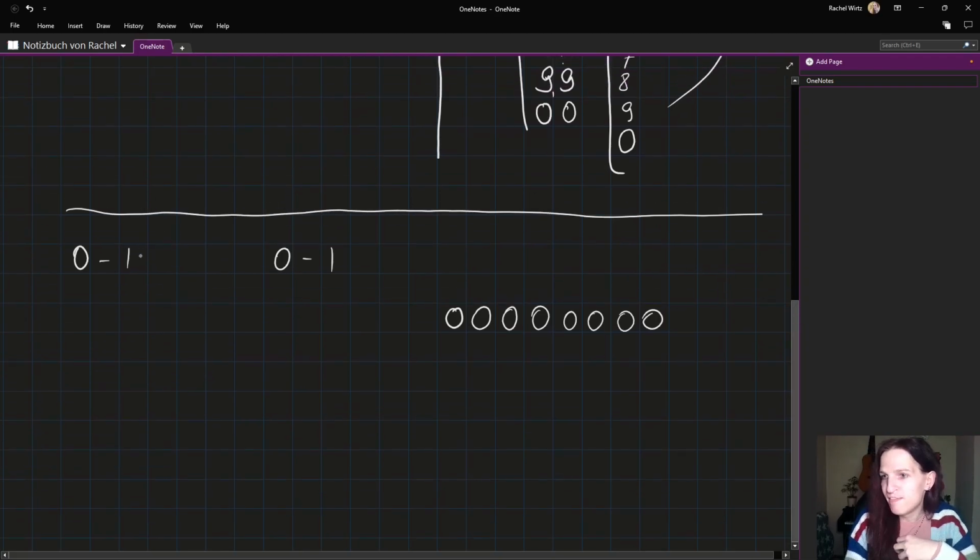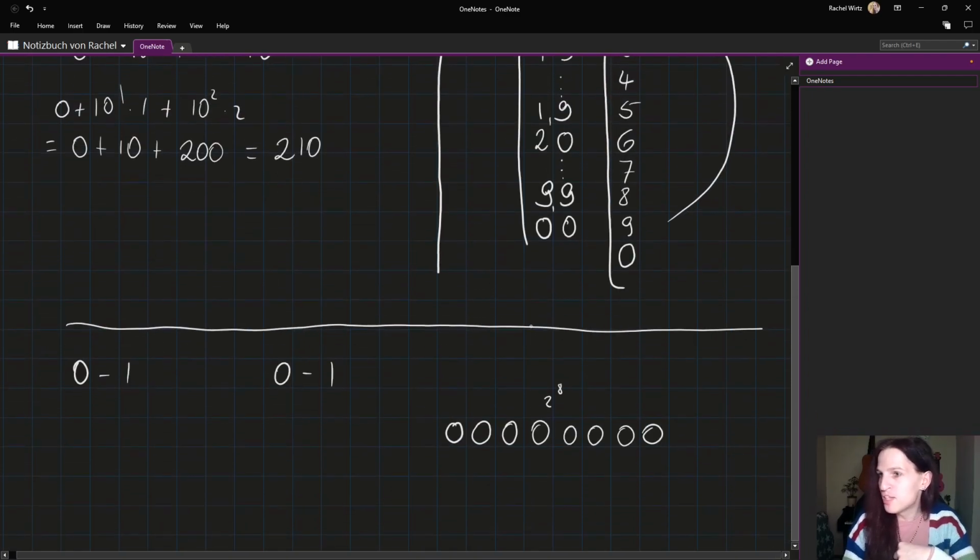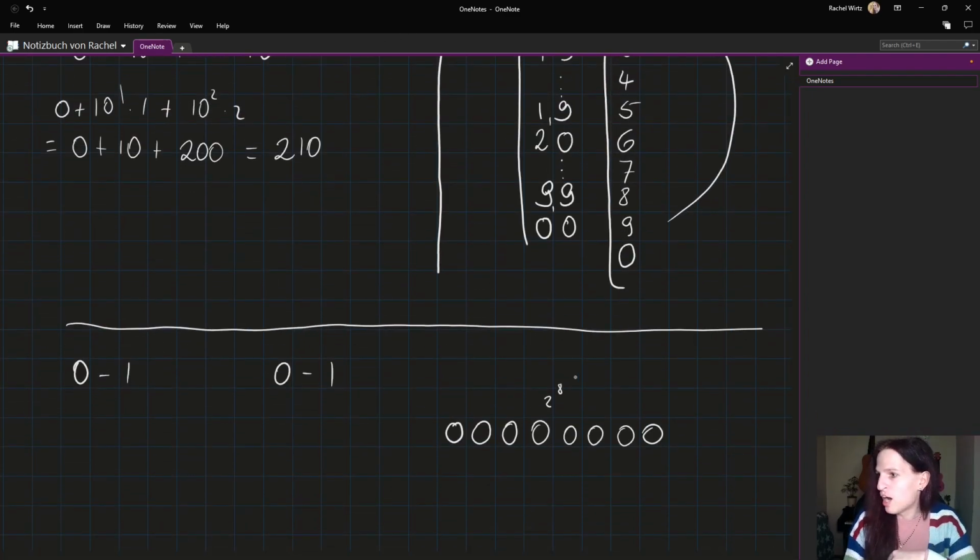If we have 8 different positions that can each have 2 different states, then our range is 2 to the power of 8, similar to what we have here: the base to the power of how many positions we have.